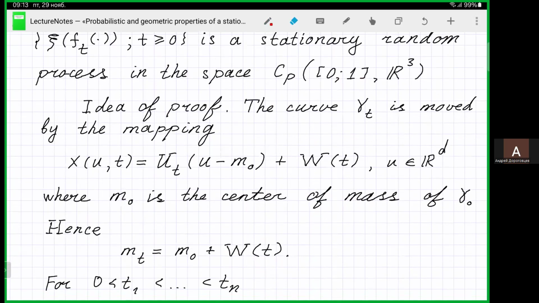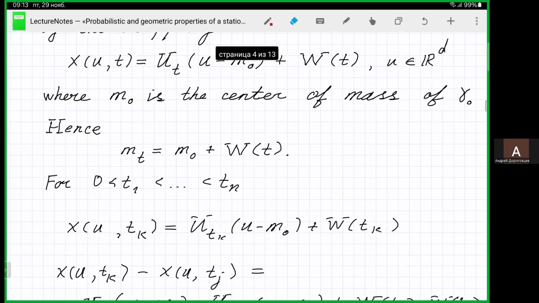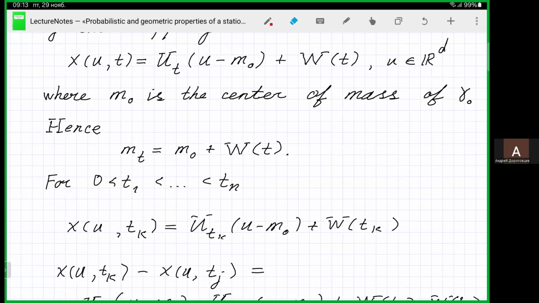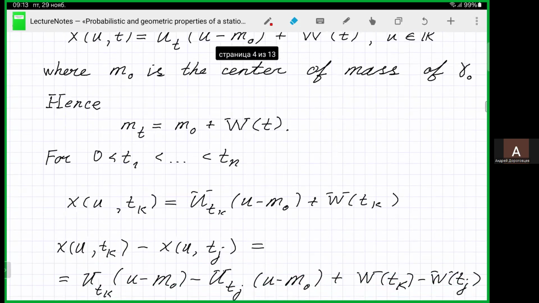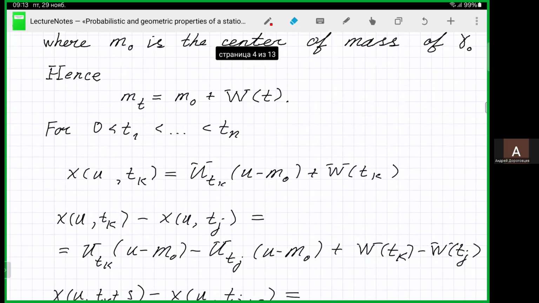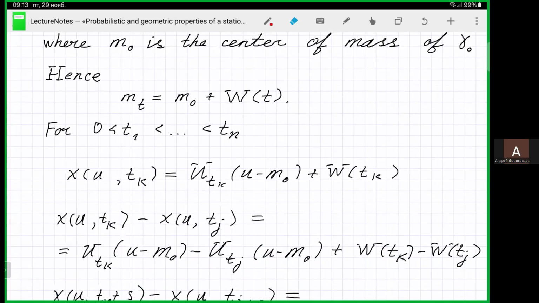Since m t, the center of mass of our curve, is moving like W t, we can think about the representation of the solution at different moments of time.